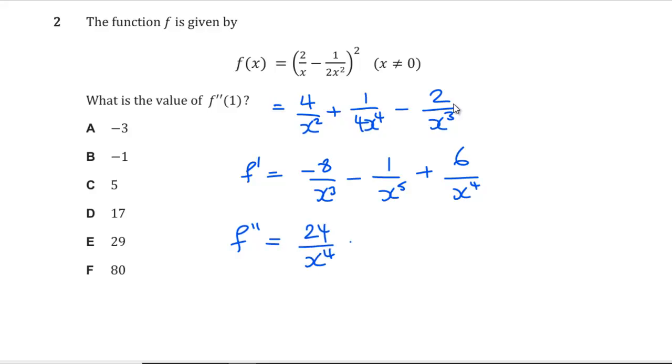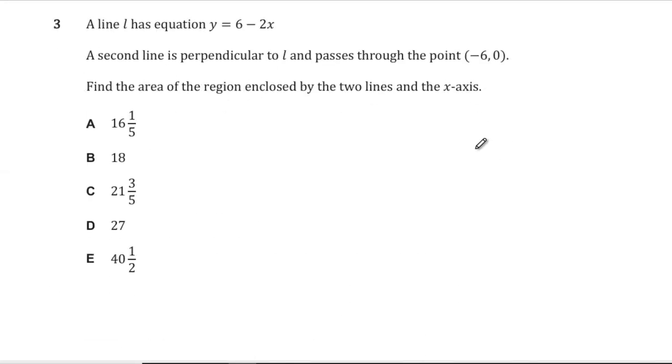Then I'm going to have a plus 5 over x to the 6 and a minus 24 over x to the 5, not x to the 4. All that stuff on the bottom doesn't matter, does it? Because I'm putting 1 in. So it's just going to be 24 minus 24 plus 5, which is C again. Okay, another nice one to get us going.